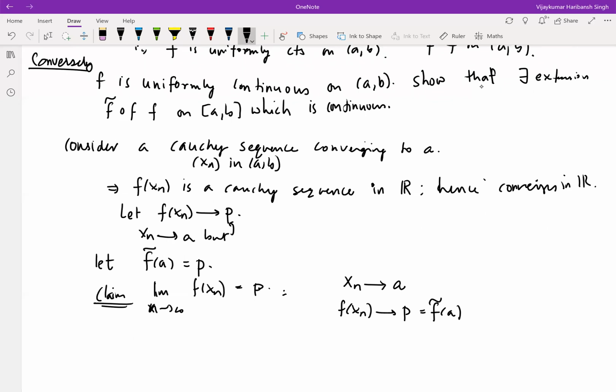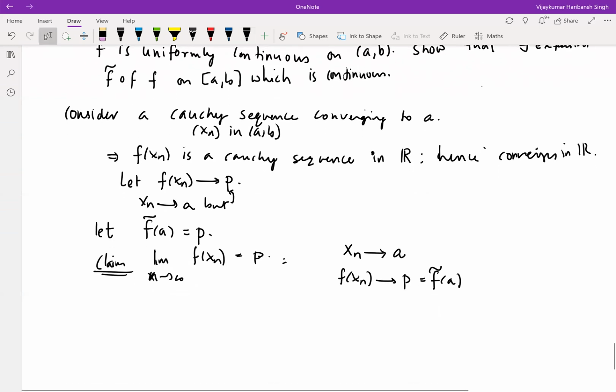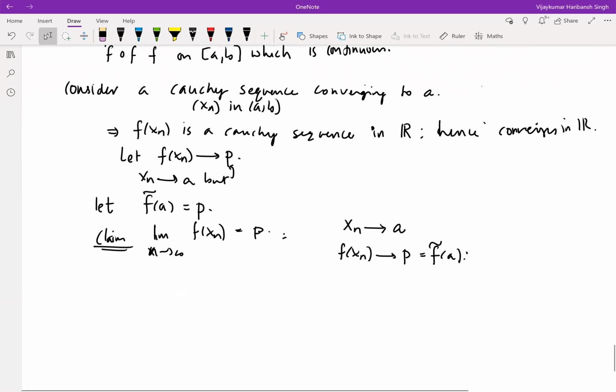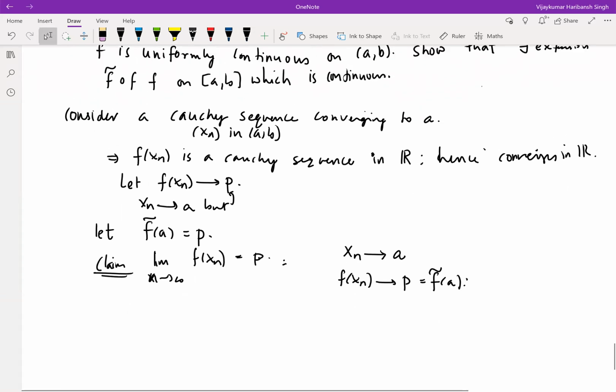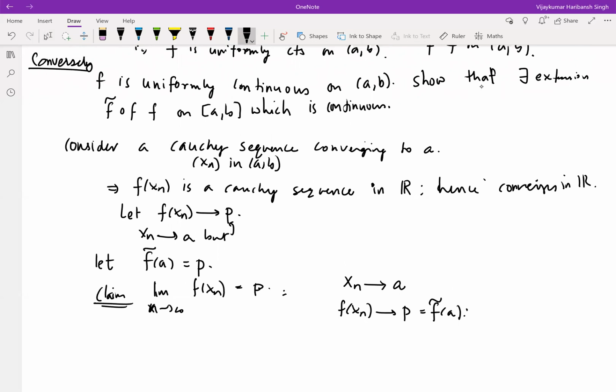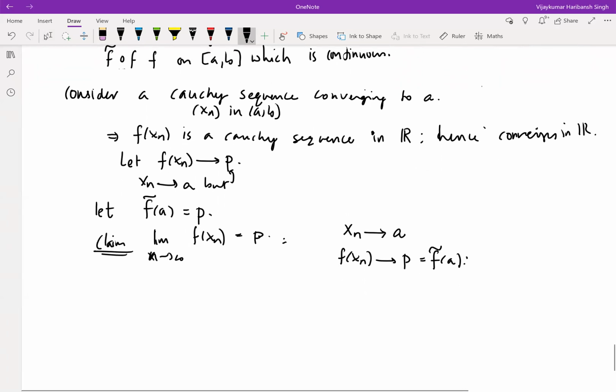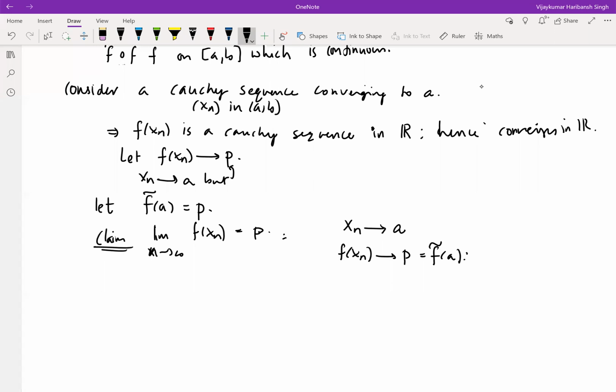So xn converges to A, but f of xn converges to f tilde of A. But what did we want to prove? We wanted to define f tilde, right? So we defined f tilde of A as P, and f tilde of x equals f of x on (A, B), right? So this is our extension.